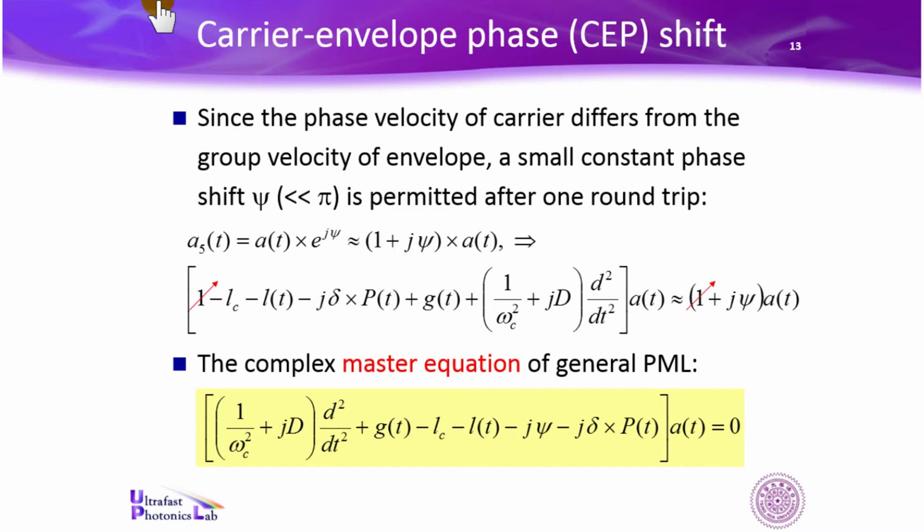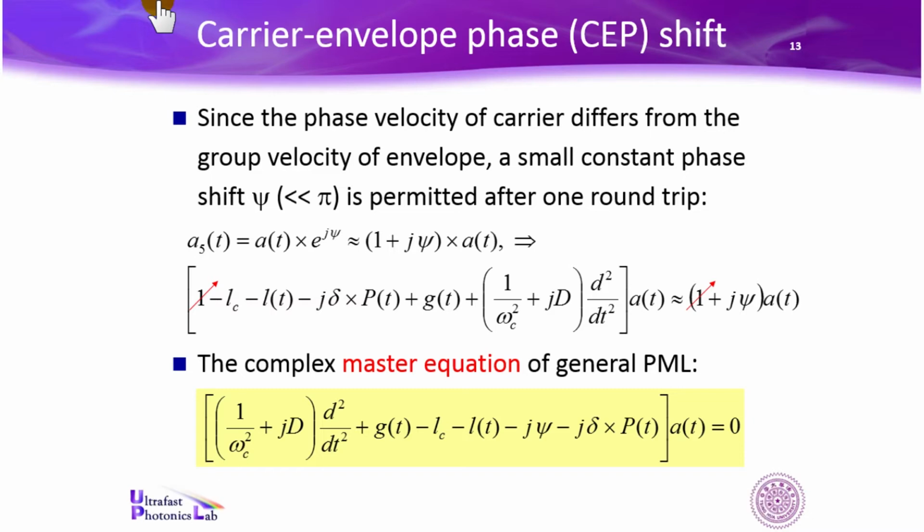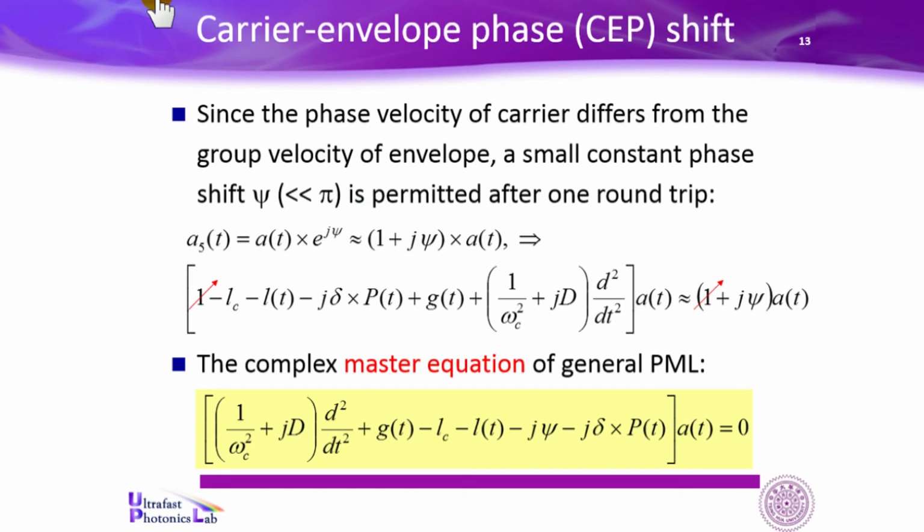So that's it. But I have one very small question. Could you identify the meaning of each term? For example, without remembering anything, could you tell that this term, j times D, with a second order time derivative, is associated with dispersion? Of course, we know the symbol D means the GDD parameter, right?